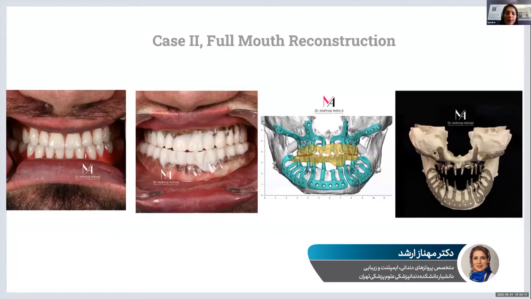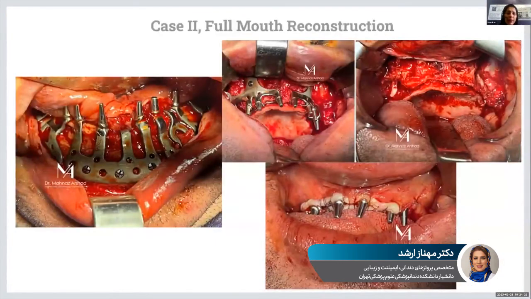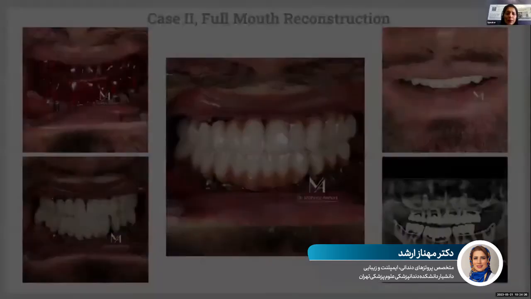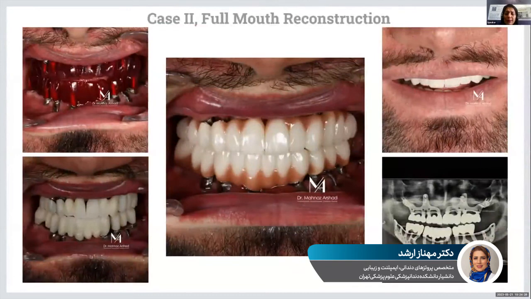We put the subperiosteal implants in the surgery room, and this is the final result of the patient. You see we have some dehiscence in the lower and upper jaw, but the dehiscence is in the polished perimucosal area, so it's okay.